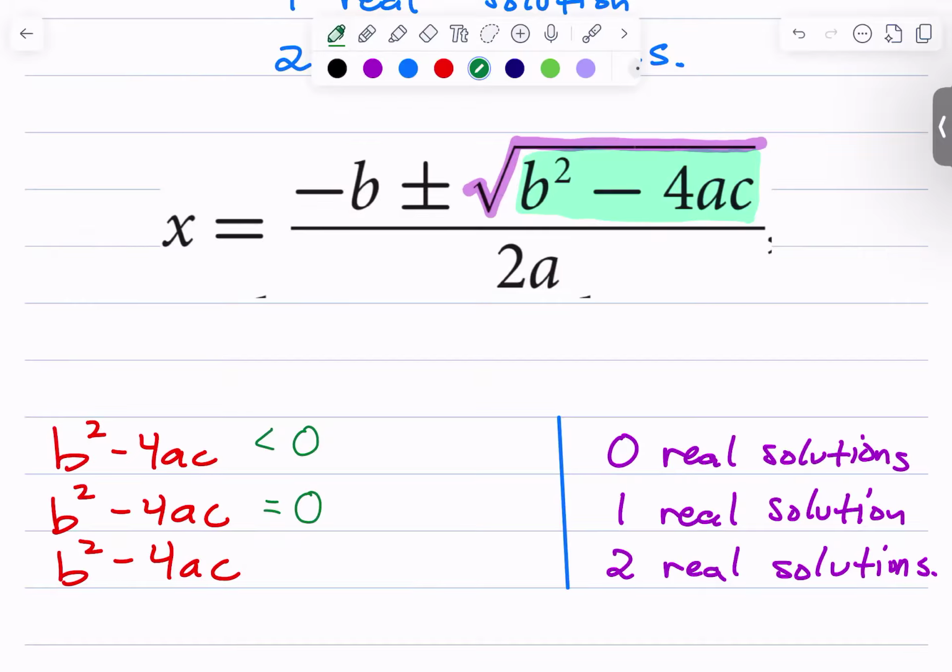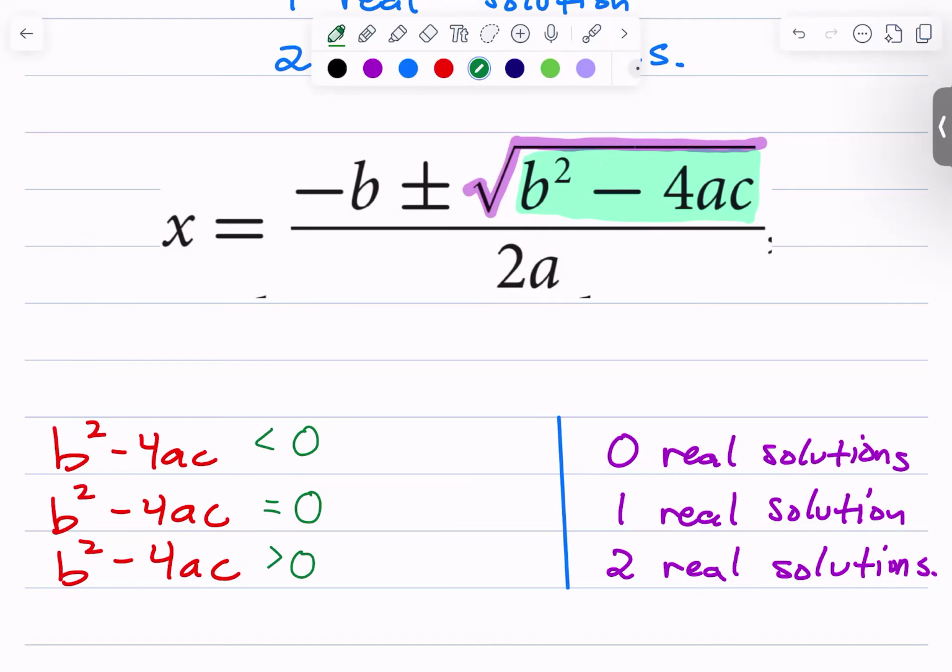And when b squared minus 4ac is greater than 0, that means I have a real value, right? That means that the normal way of doing things, negative b plus that real value over 2a and negative b minus that real value over 2a, those are my 2 solutions. That makes sense?